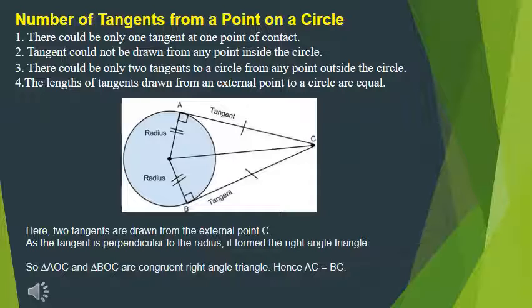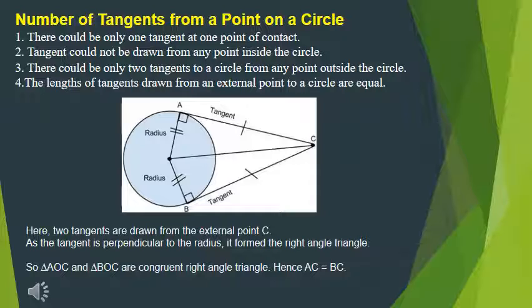When we have a point inside the circle, we can't draw a tangent. Third, there could be only two tangents to a circle from any point outside the circle. Maximum we can draw two tangents from an external point, a common external point.